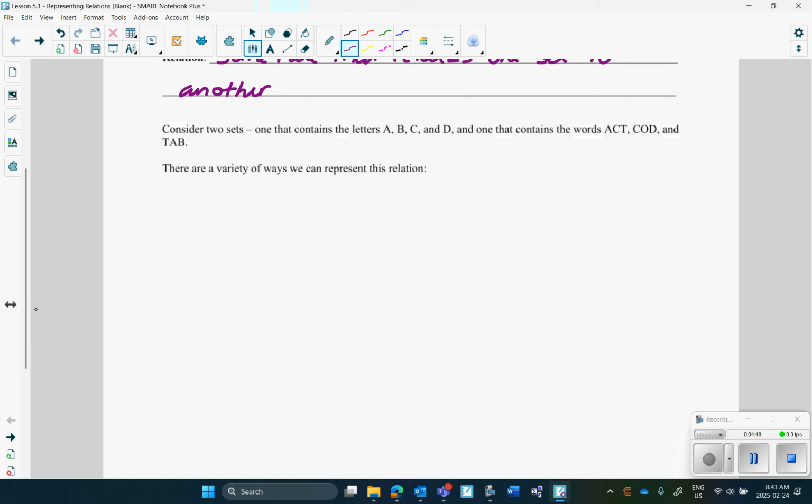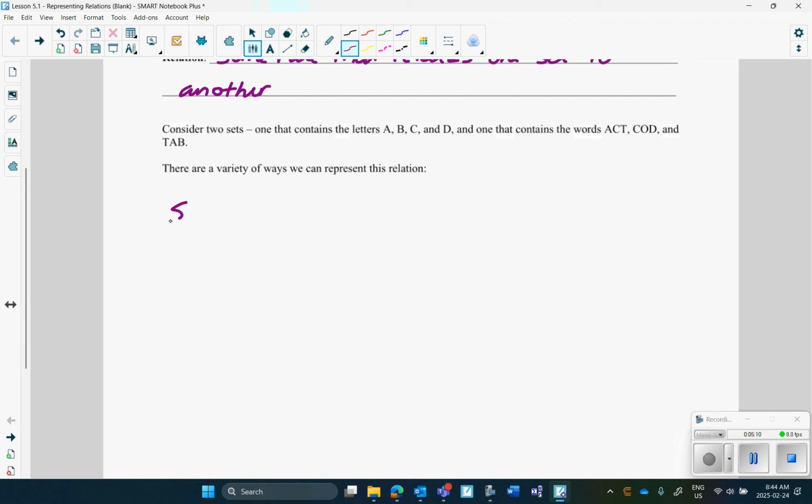So we got two sets of information. We got one that contains the letters A, B, C, and D. And we got one that contains the words act, cause, and tell. There's different ways we could show a relation between these two sets of information.